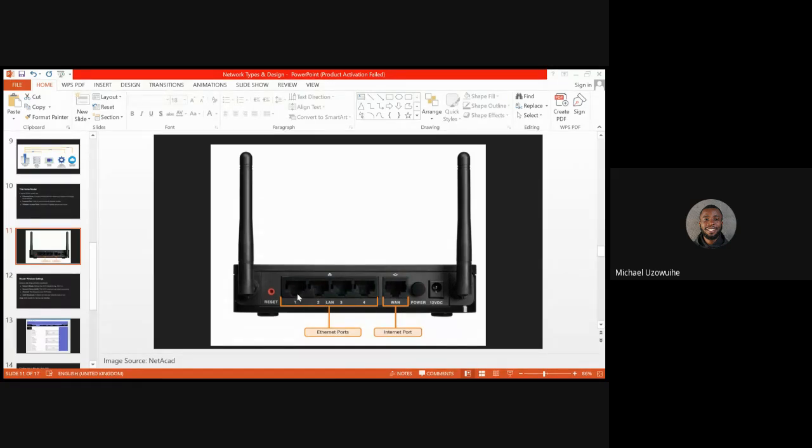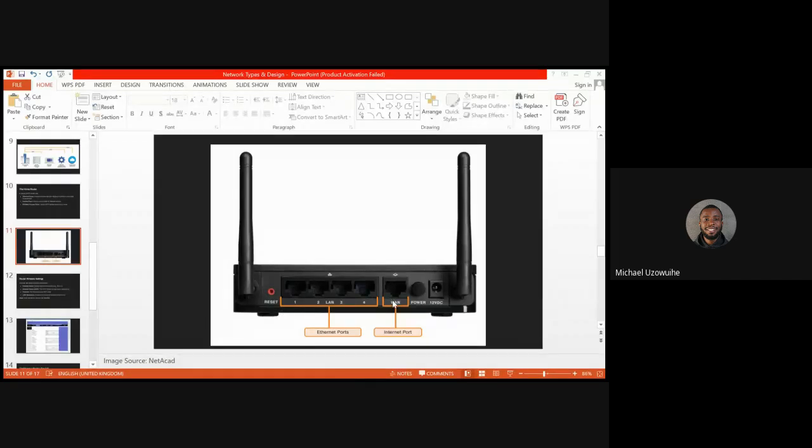When we come to the internet port, remember this goes to the internet. Whether your internet service provider gives you a modem, then from here you connect directly to the provision made by your internet service provider.